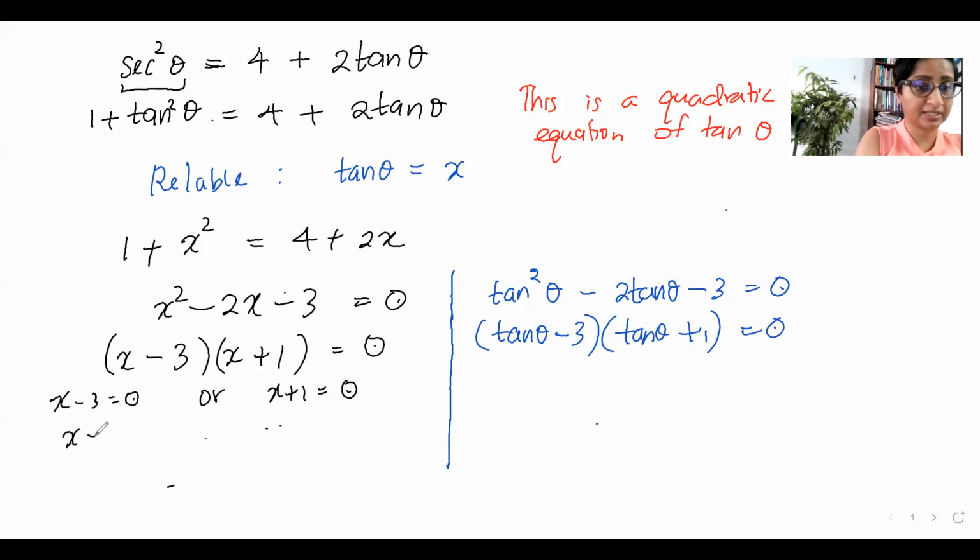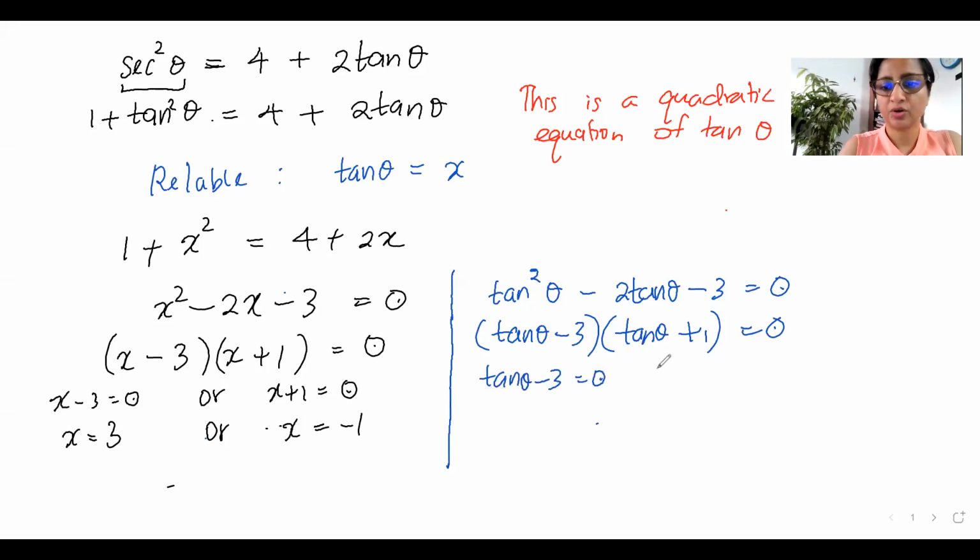That means x is equal to 3 or x is equal to minus 1. If you work with tan theta, that is tan theta minus 3 equals 0 or tan theta plus 1 equals 0. That means tan theta is equal to 3 or tan theta is equal to minus 1.